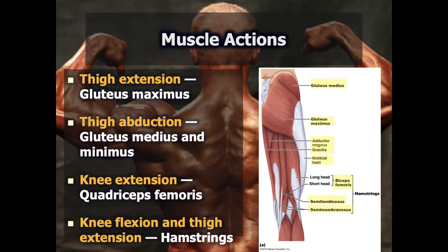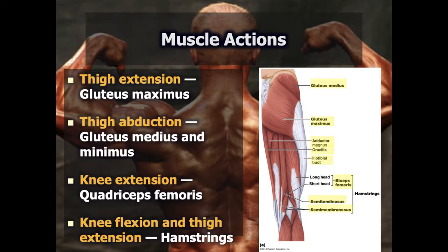All right. The posterior of your leg. We've got our muscles here, gluteus medius, gluteus maximus, and then we've got our adductors and our gracilis over there still, our iliotibial tract running along the side, and then we've got these guys here. Okay, together these muscles make up what we call the hamstrings, the back of your leg.